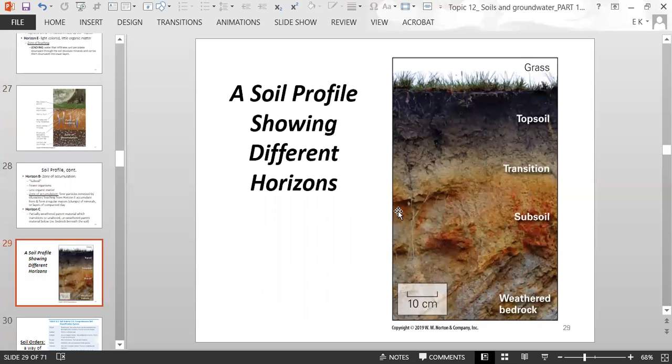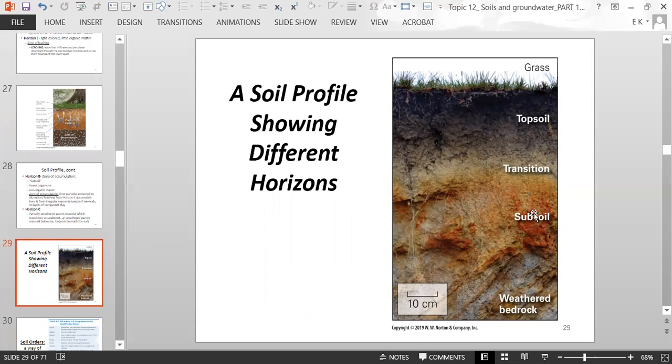And then this is a photo of a soil profile. So you see down here is your weathered bedrock, your subsoil, which was horizon B. That is your zone of accumulation. So you have this red and orange clumping in here.